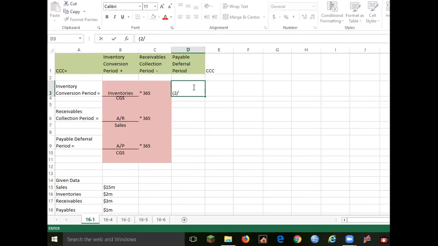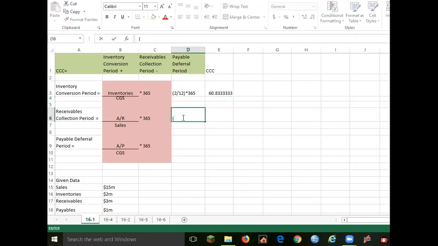So cost of goods sold is 12 million, and it should be multiplied by 365. Or simply you calculate the amount. So this is 60.833 days, or in simple words, you can say that 61 days is the inventory conversion period.